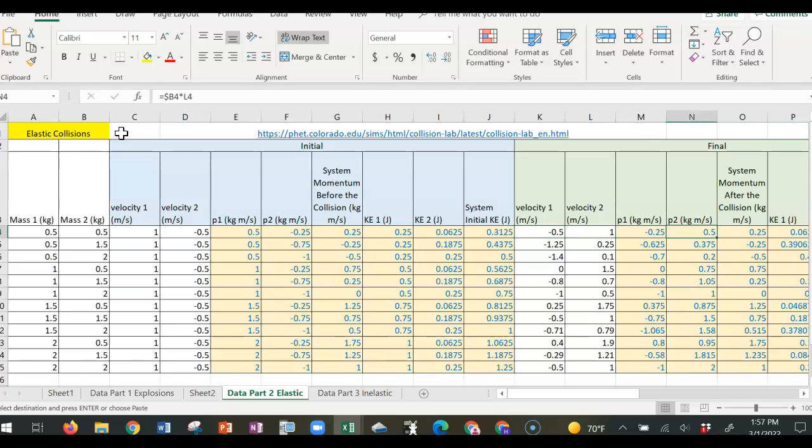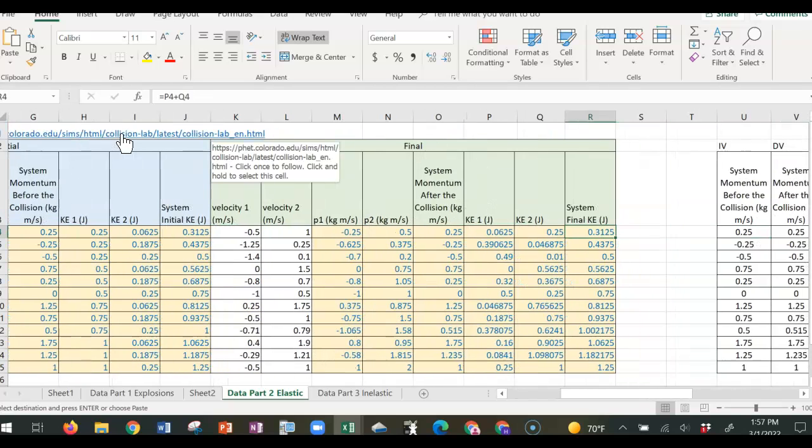Initially the kinetic energy was 0.3125, and at the end it was 0.3125. Initially it was 0.4375, finally it was 0.4375. In every case, as I walk down this table, the system kinetic energy before the collision seems to match the system kinetic energy after the collision.